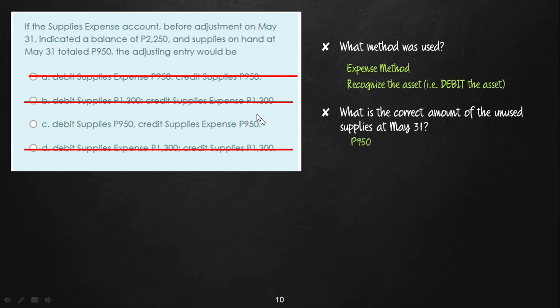And then ato akong i-decrease ang supplies expense, no? Kaya ang supplies expense niya is 2,250 man. Pero kung naay 950 nga nahibilin ana, that means ang imuhang gyud ang supplies expense is 1,300, no? So 2,250 minus 950 is 1,300. Okay, so the correct answer then is debit supplies, credit supplies expense.